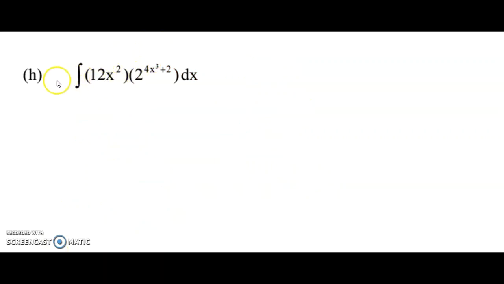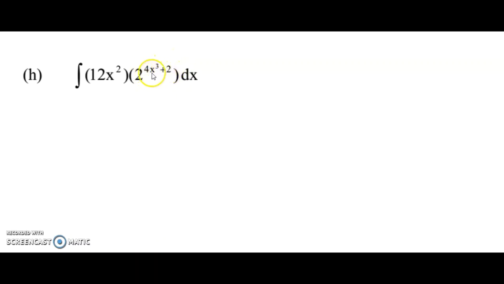Let's look at the last question in this video. This is question H. We have 12x squared multiplied by 2 to the power of 4x cubed plus 2. The exponential function is 2 to the power of 4x cubed plus 2. So here is a question by substitution. When we integrate by substitution, look at the power. We have 4x cubed plus 2.